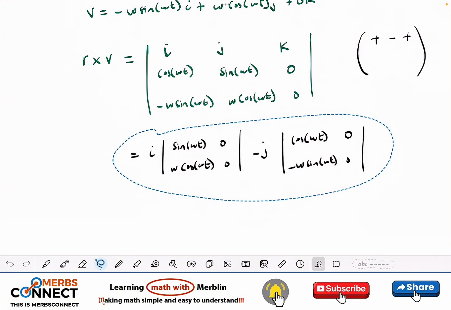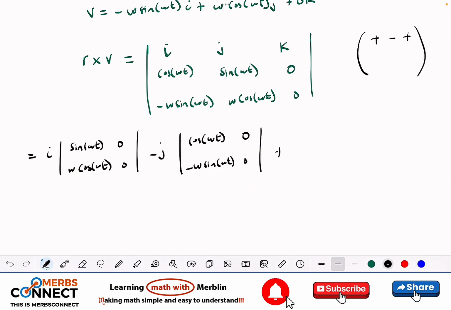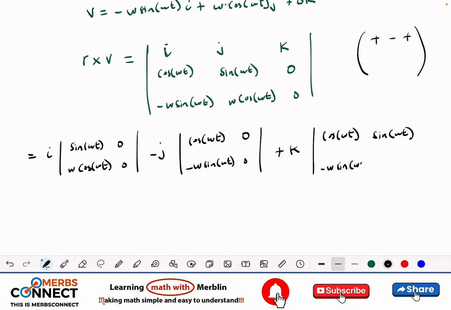And then the last one that we just need to do is plus k, and k is going to cancel the 0 out, and we are going to have cos omega t, sine omega t, minus omega sine omega t, and then omega cos omega t.